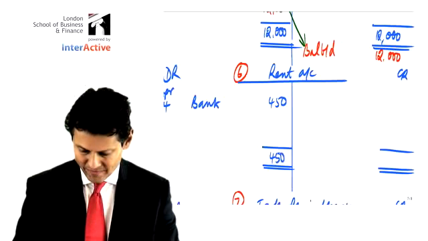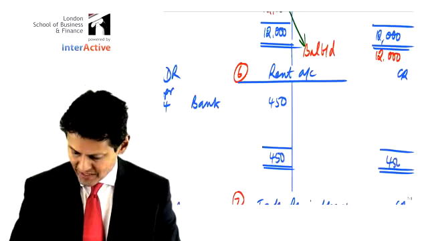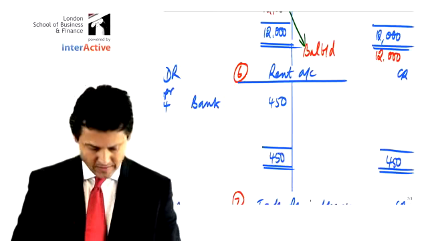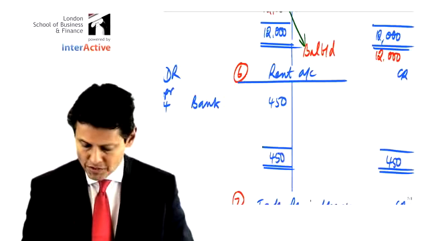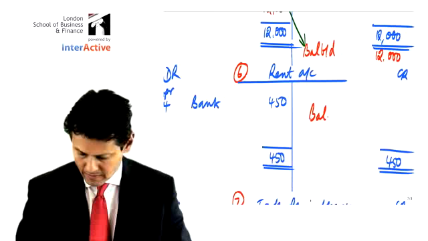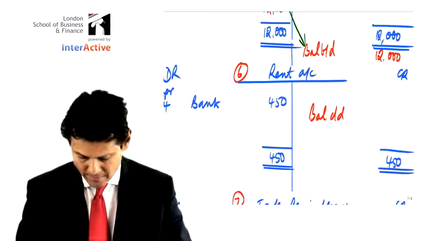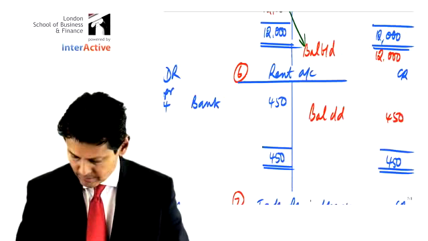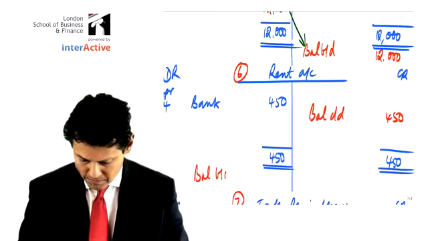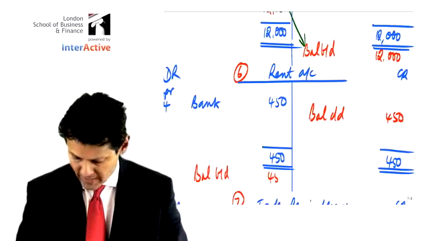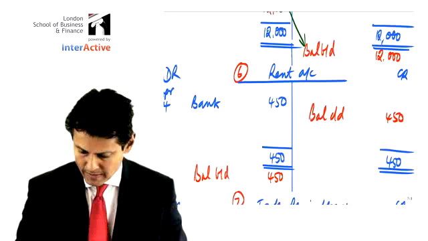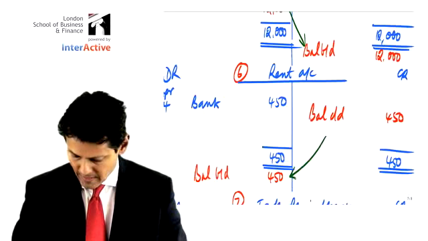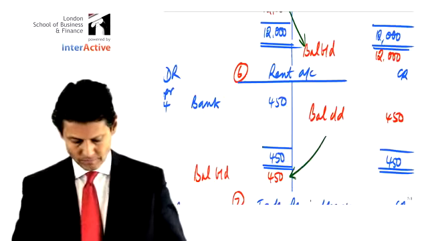The 450, and the difference between the two sides, of course, is our old friend balance carried down, and of course balance brought down, starting off the next 2-week period. So that comes down like that.